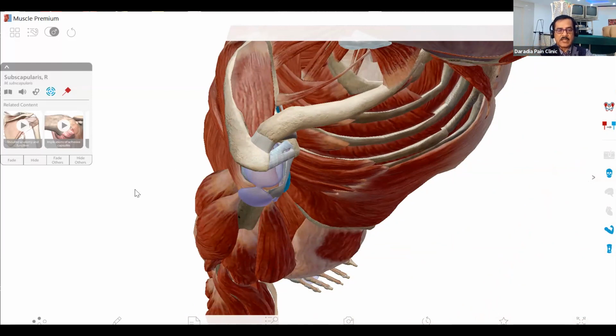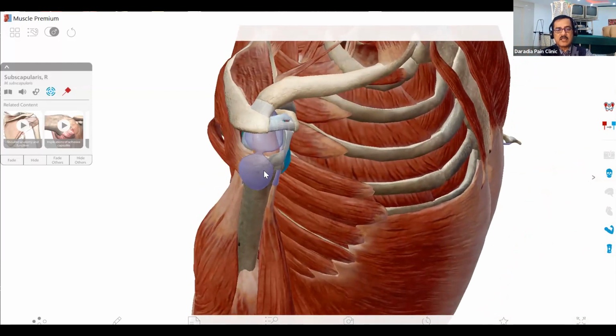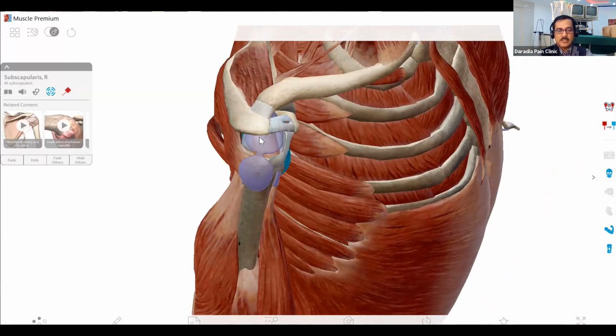Where is it getting attached? It is attached in the greater tuberosity, and at the greater tuberosity we are having the 3 muscles. You should be remembering SIT, sit: supraspinatus, infraspinatus, teres minor. Supraspinatus and infraspinatus nerve supply is your suprascapular.